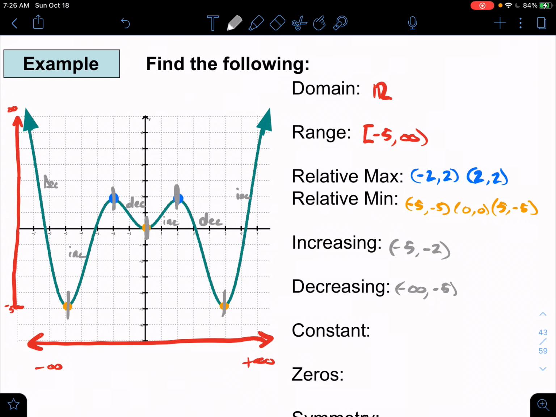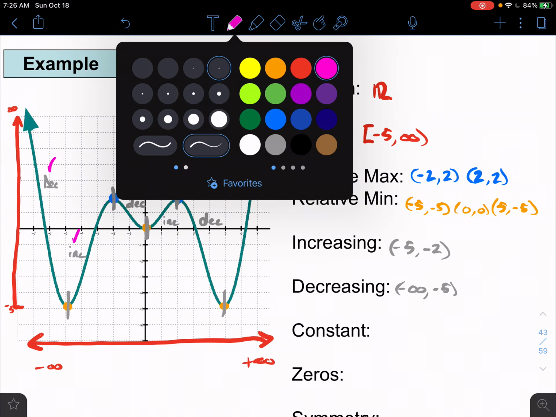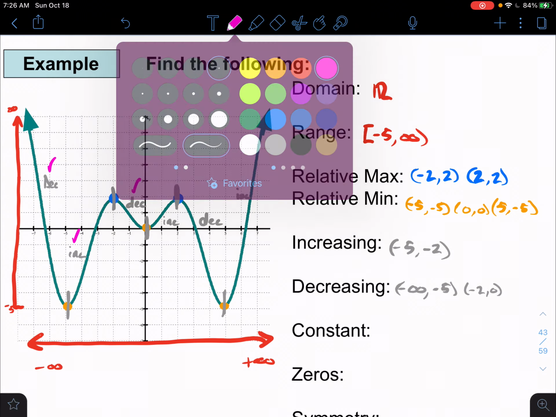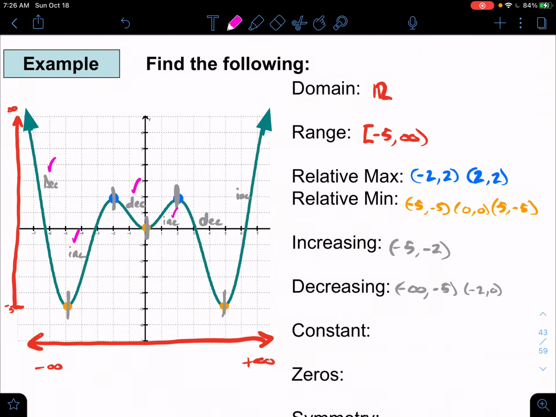And then we switch to decreasing, right? So I'm going to just maybe put little check marks along. We've done this one, we've done this one, now we are working on this one. So we switch back to decreasing from -2 all the way to 0. And now we're going to be working on this increasing one over there.